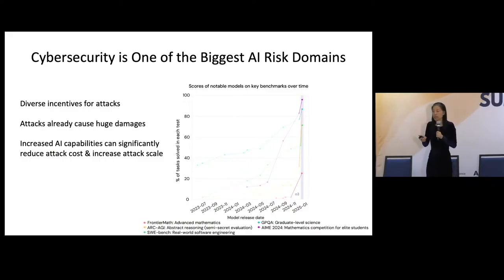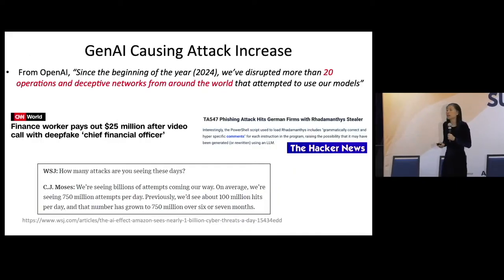Attackers have diverse incentives for attacks, and we're already seeing huge damages from attacks today. Increased AI capabilities, in particular in reasoning and coding and so on, can significantly reduce attack costs and increase attack scale. Also today, we are already seeing that Gen AI has caused an order of magnitude increase in certain types of attacks, such as social engineering and phishing attacks.